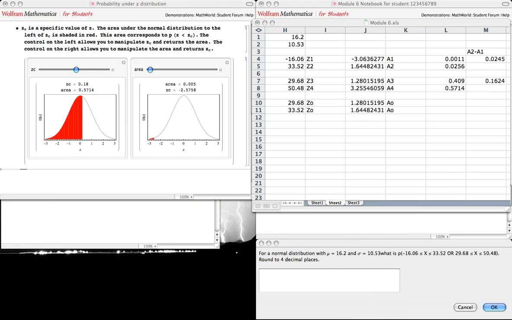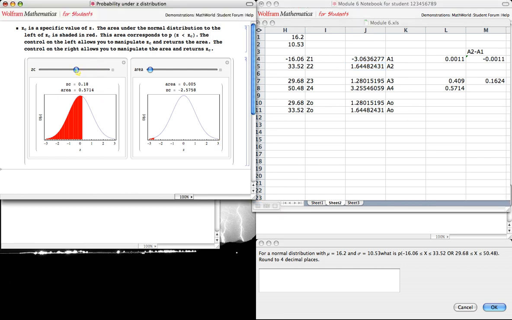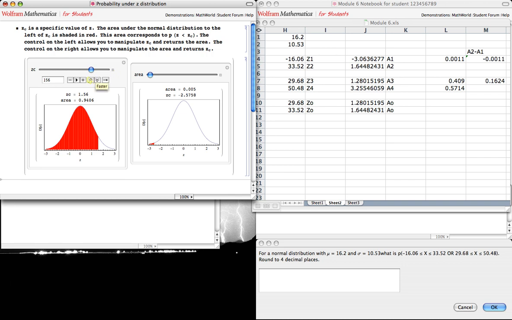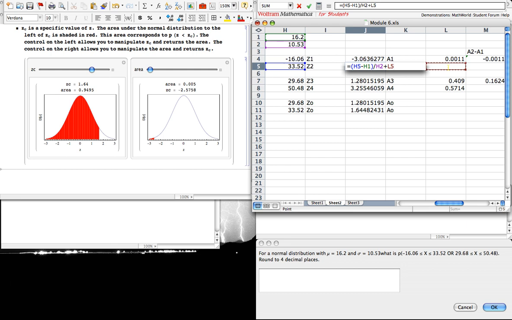The second z value that I'm interested in is equal to 1.64. Okay, so I'm just going to put in 0.9495 here.